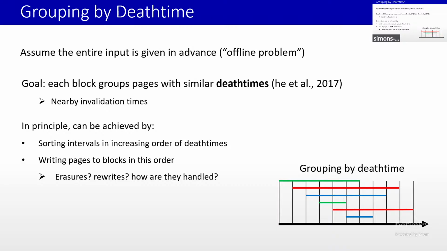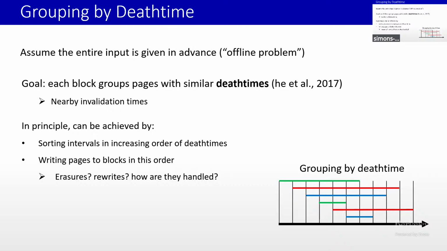So how do we achieve that? Well, we can sort intervals in increasing order of death times, and write them to the blocks in this order. The problem is what happens with erasures, rewrites.